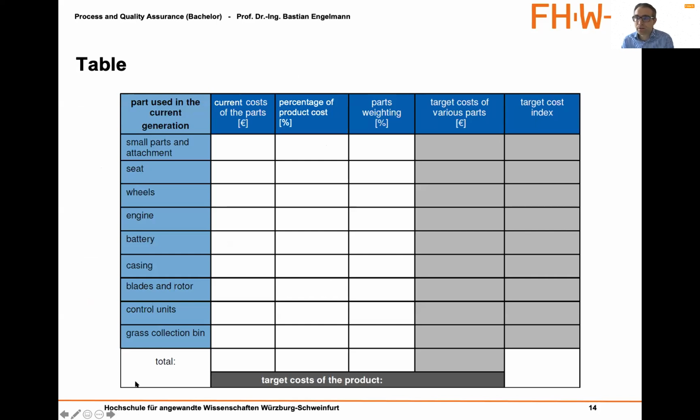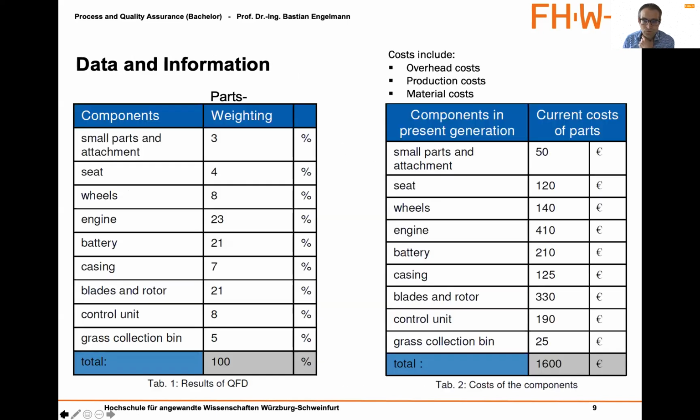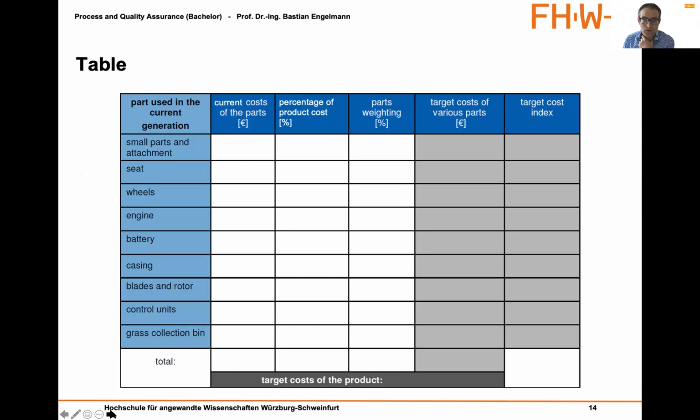It would be a very good idea for you now to have the PDF available of this lecture, that you have here this table. And then what you will do at first is you will copy here in this column the current cost of the parts. This is information from table 2. The current cost of the parts you just copy into this column.